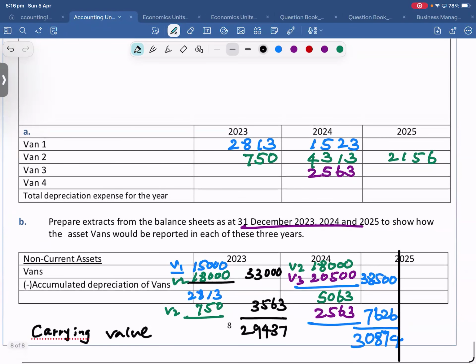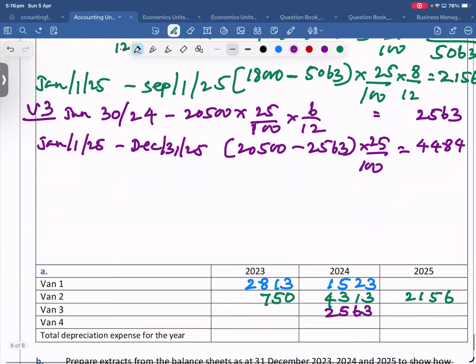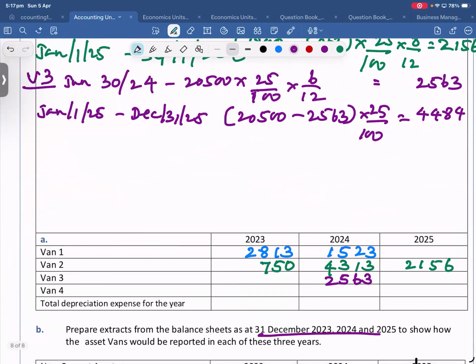So 20,500 take away 2563 times by 25 over 100, which I'm getting 4484. That is the depreciation expense for 25.